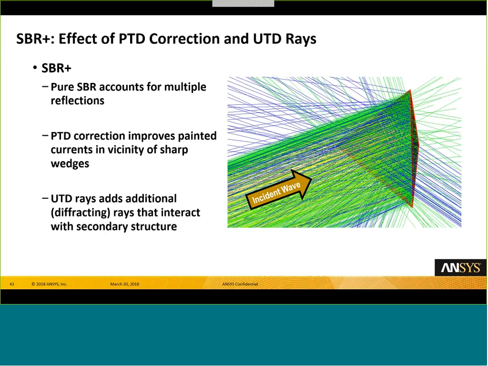So if there's structure behind one of these wedges, UTD rays enable it to propagate and deposit additional current in secondary structure that might be in a shadow zone that would otherwise have no way of being represented without this capability. So it tends to really drive the number of rays in a solution, but it can also make a huge impact on the accuracy of the solution.